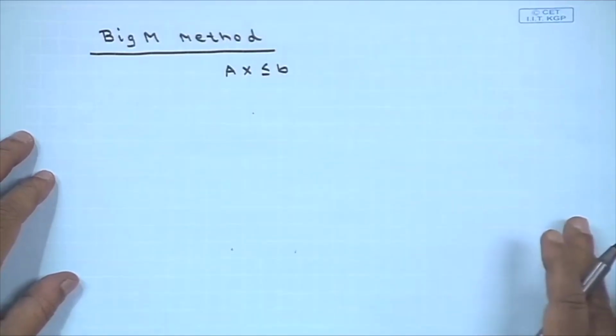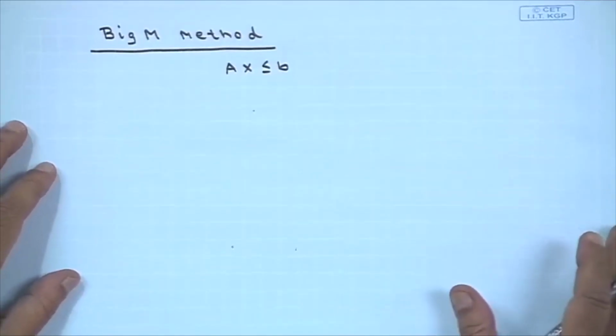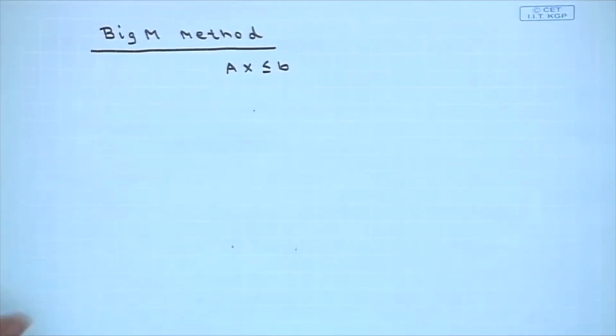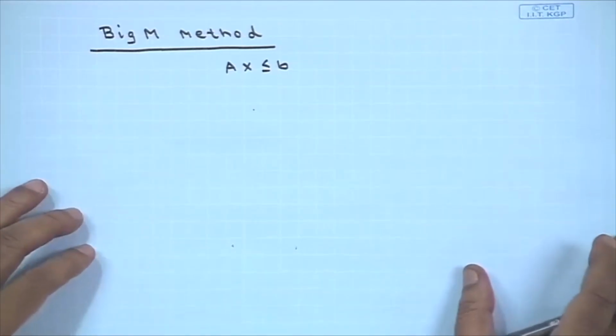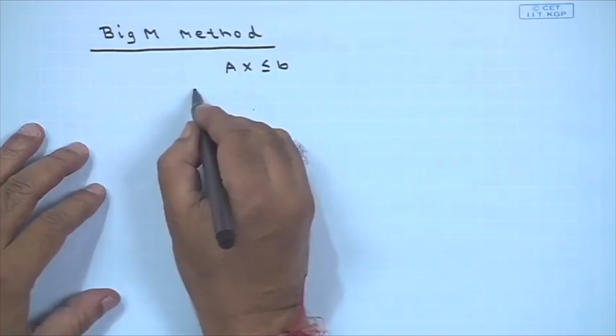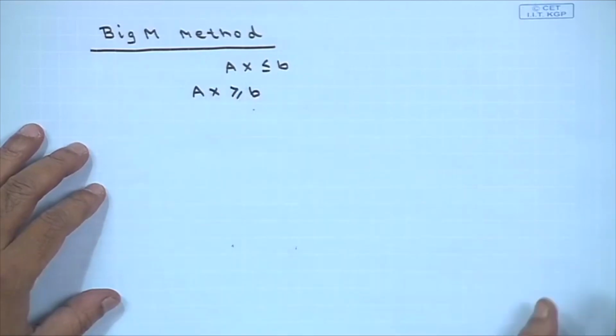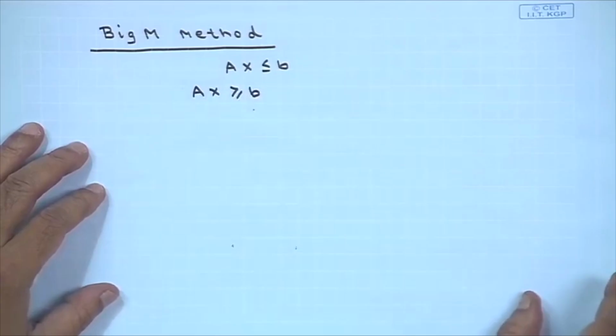We have taken in both the examples the constraint inequality as less than equals type, but this may not be the case. You may have certain cases where the constraint can be of greater than equals type also. That means, if the constraint is a x greater than equals b, then what will happen?